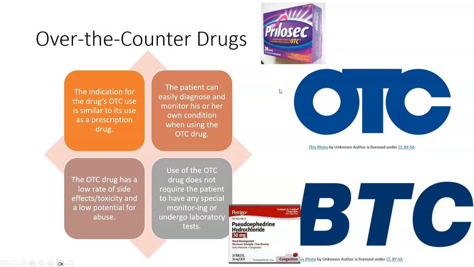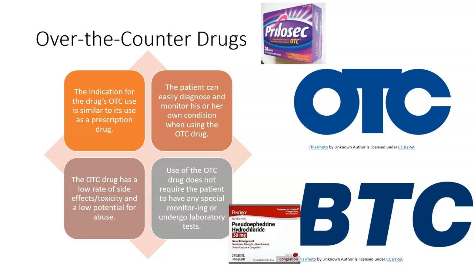Now, in 2005, there was the Combat Methamphetamine Epidemic Act. And that required that certain things be restricted. So they don't require a prescription, so technically they're over the counter, but they're not out front. So when we look at a pharmacy, we have the front of the house and then you have the behind the counter.